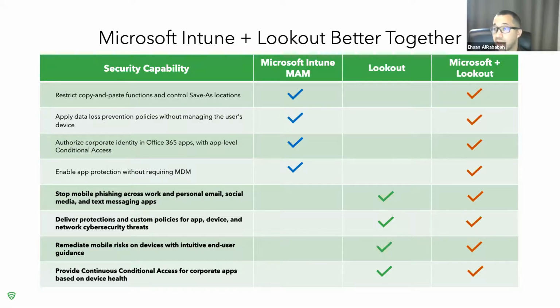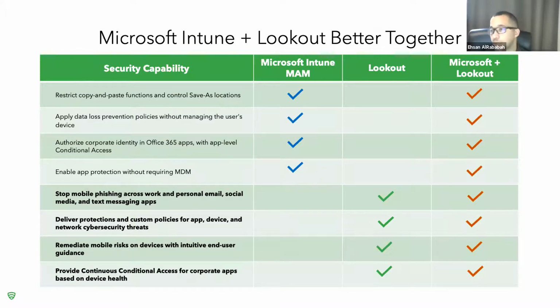What Lookout, as a solution here, does is help you address the phishing attacks on mobile devices. As we mentioned, it's a big issue on mobile devices because the phishing surface is much bigger than on legacy desktops and legacy solutions. You will have protection from various types of threats related to the application, device, or network, and you can customize this policy.